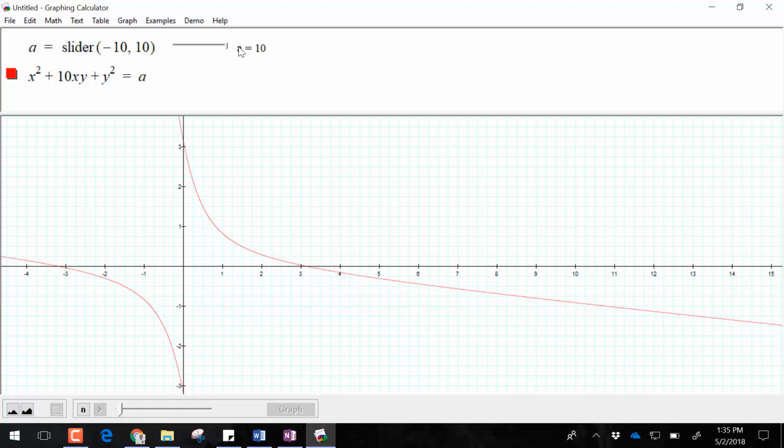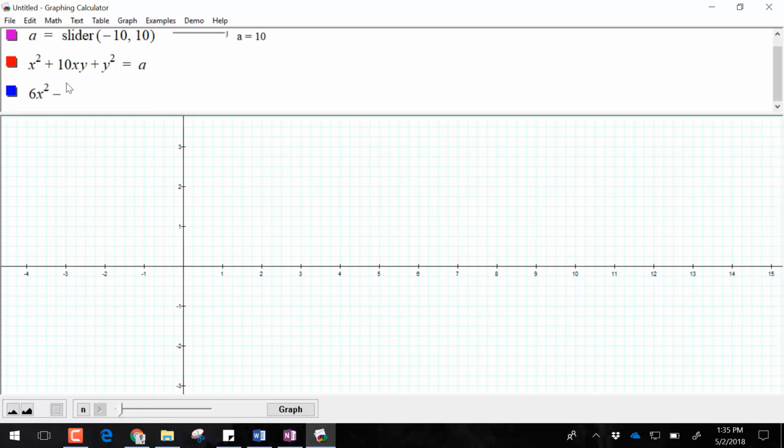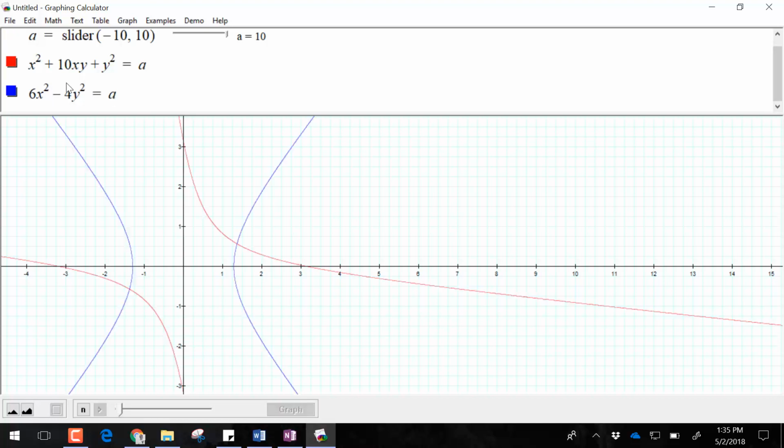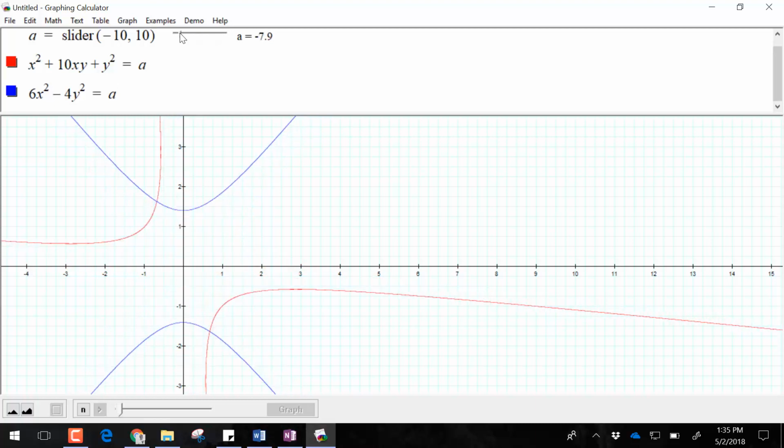So what we'll do is take a look at the graph of what was our form? 6x squared minus 4y squared, and we'll let it equal the same a. So now we're looking at hyperbolas that are easier to manage.